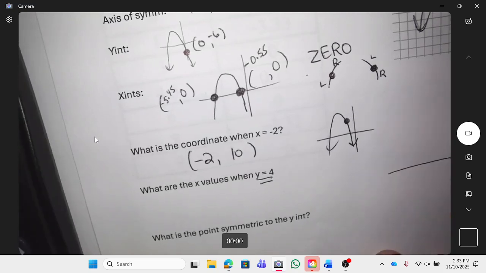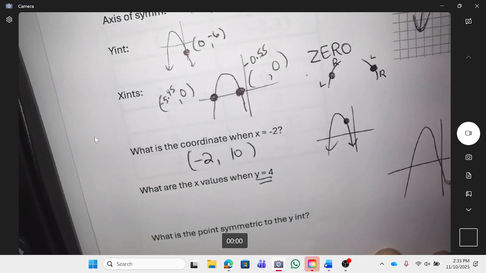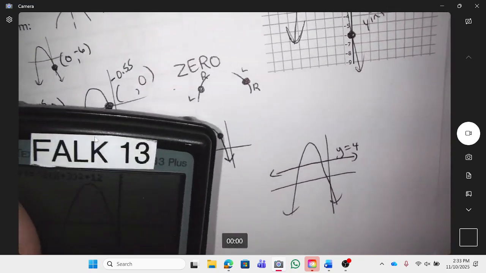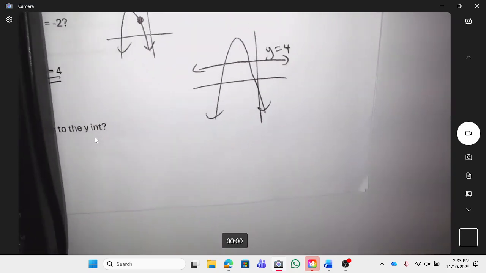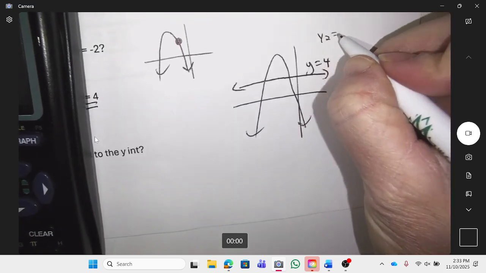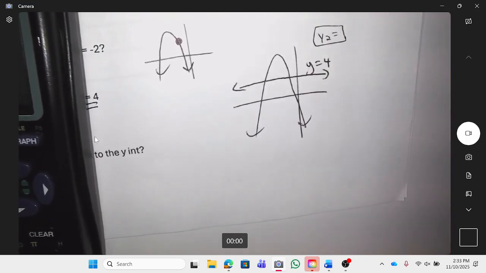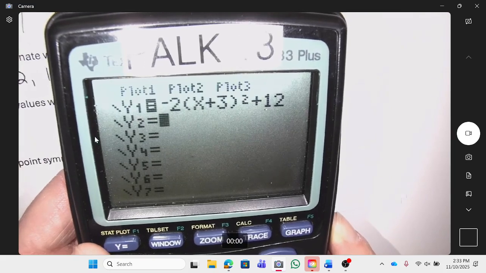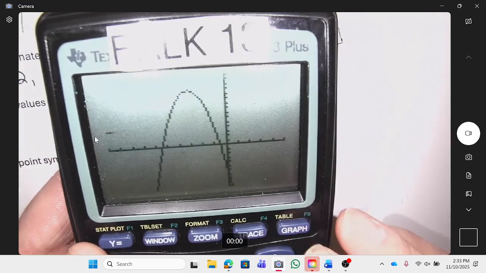So here's the process. If we forget, you're going to go y equals 4. You're going to make a line at y equals 4, so you're going to go into your y2 equals window, or into your y here, 4.